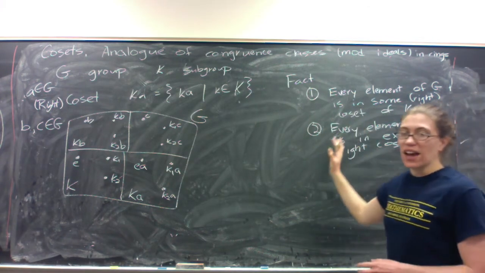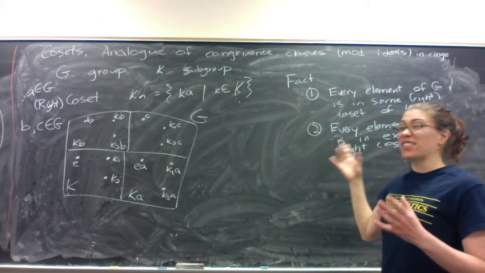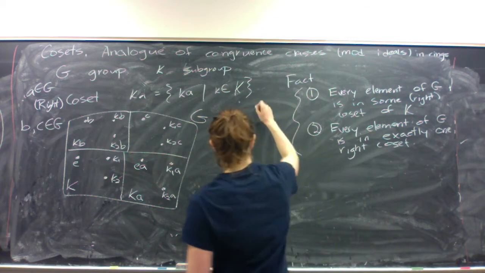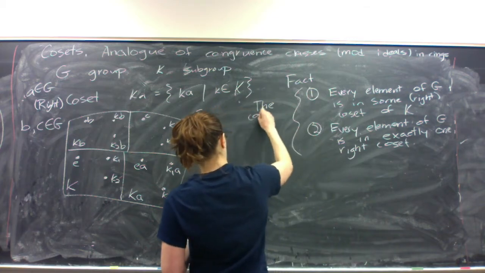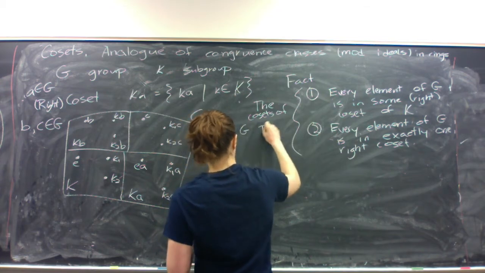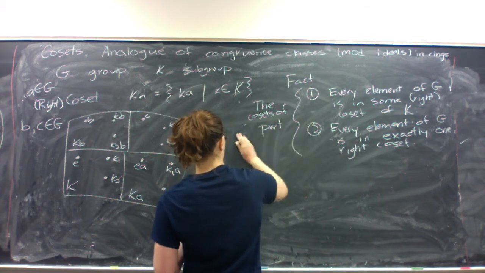These two facts together give us the definition of what it means to be a partition. So that is, the cosets of K partition G.